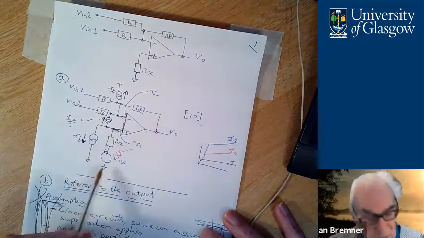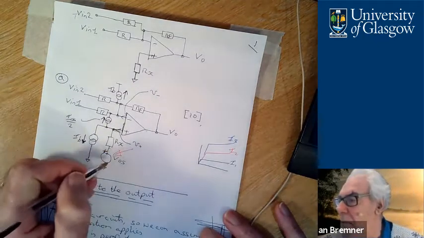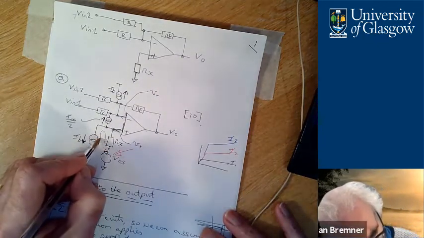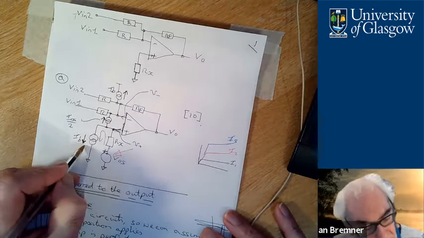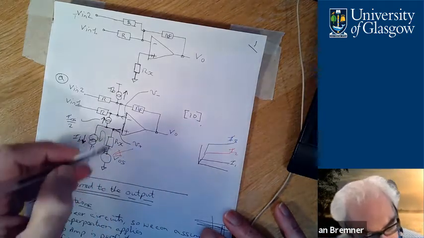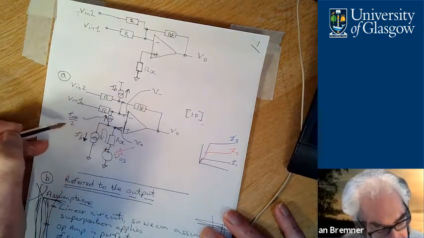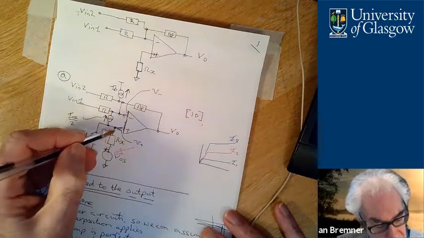V plus equals the offset voltage minus the current IB through Rx minus the current IOS over 2 times Rx.